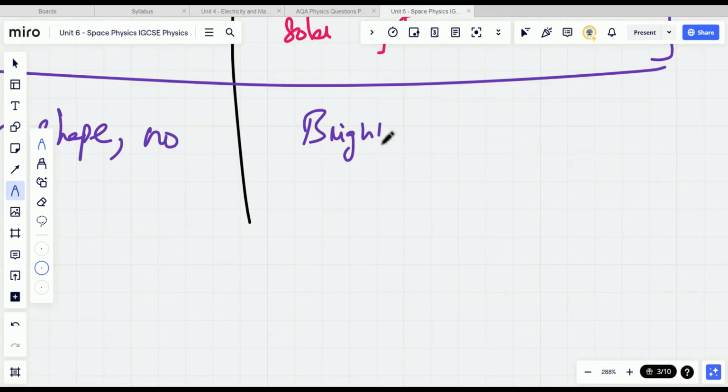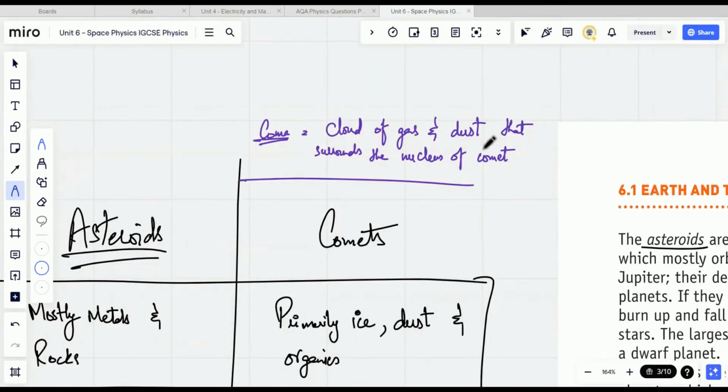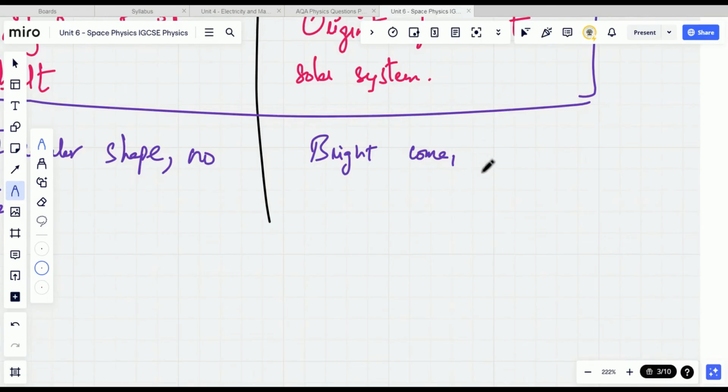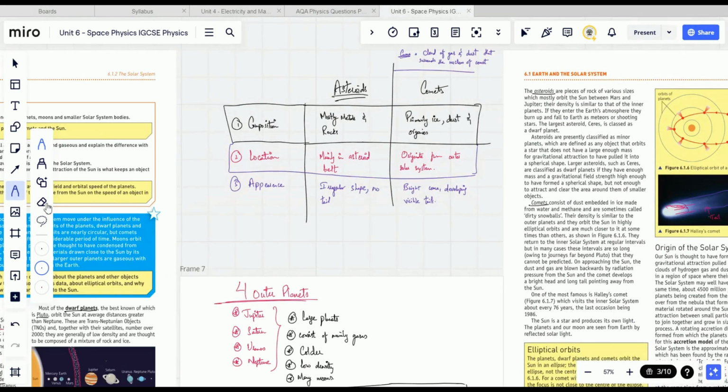It means that it has a bright cloud of gas and dust that surrounds the nucleus of the comet. So it has a bright coma and developing visible tails as well. That's pretty much about these two things.